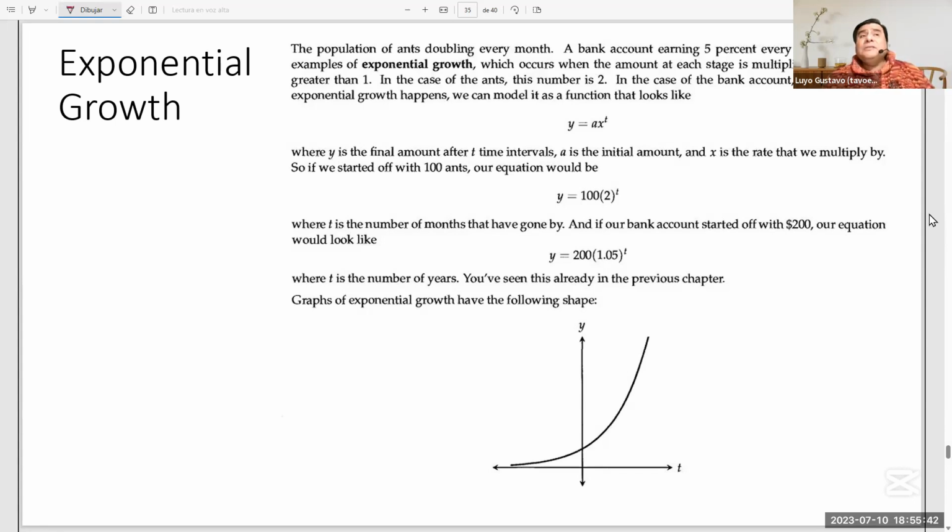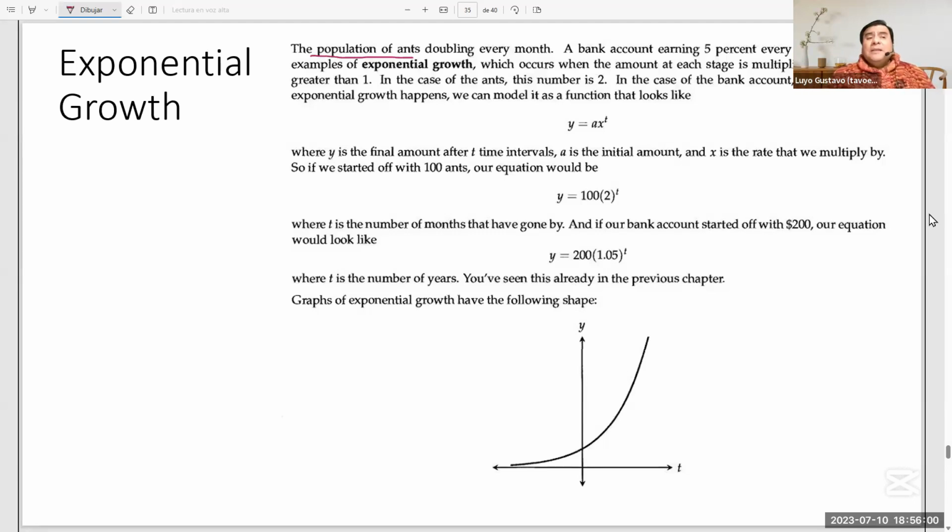Like when a bank account earns 5% every year, you multiply repeatedly the initial amount by 1.05. Or if they say that the population of ants doubles every month, this is exponential growth.